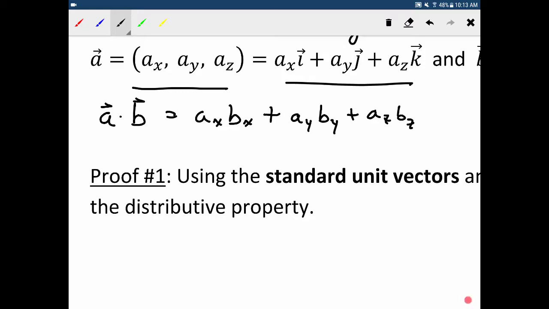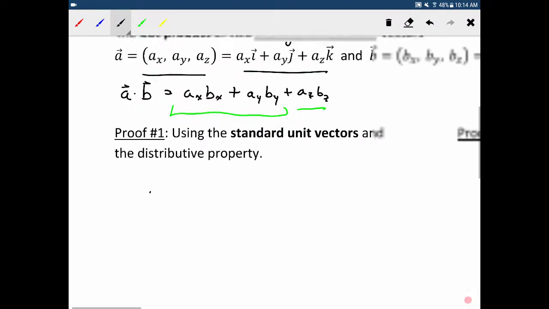And that's it. In other words, multiply your x's, multiply your y's, multiply your z's, and then just add those three numbers together. And that's all you do. If, of course, you're doing two-dimensional vectors, you would just not have this term here. This part would be the same, but it works the same either way.